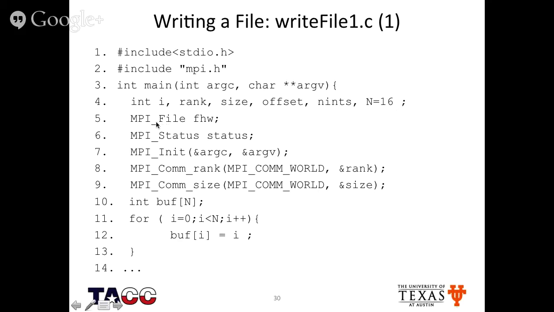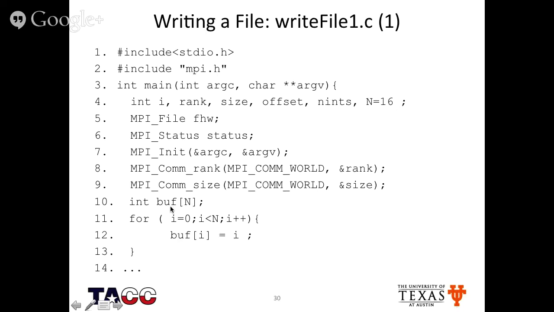Hint: line 5. Okay? That's where I create the file handle. Then, what am I doing here? I'm just initializing my MPI environment again. Then I'm allocating space for my buffer. And this is not the full code. This is just the snippet that I put in.